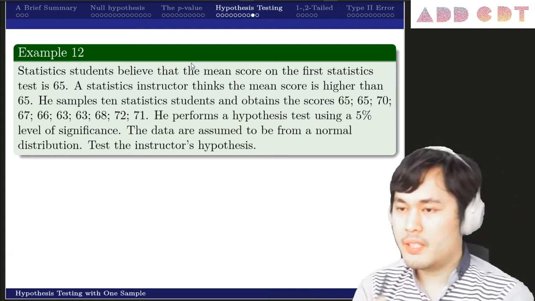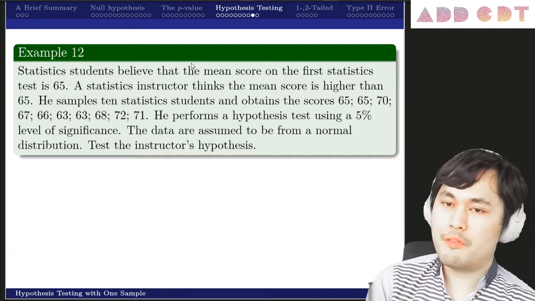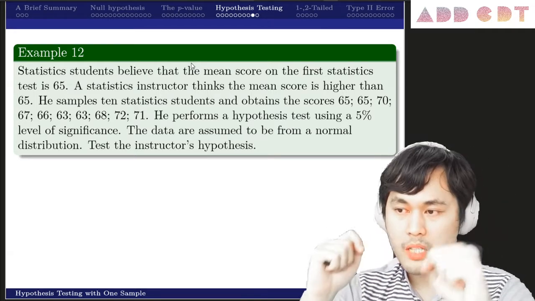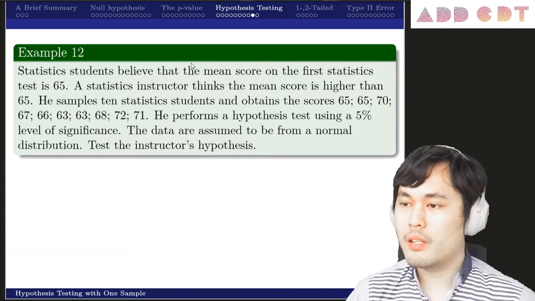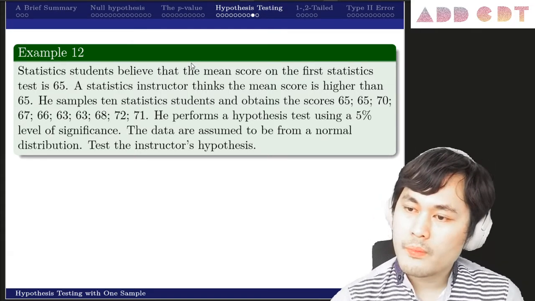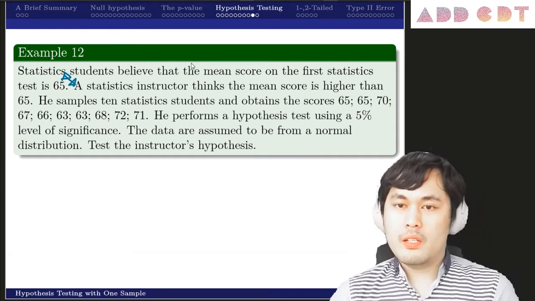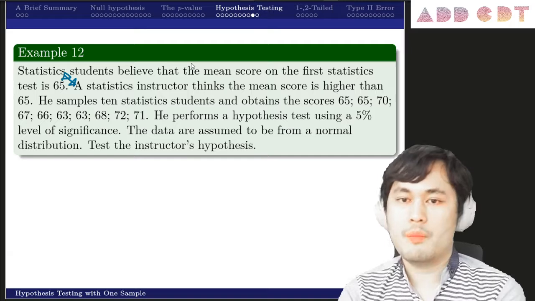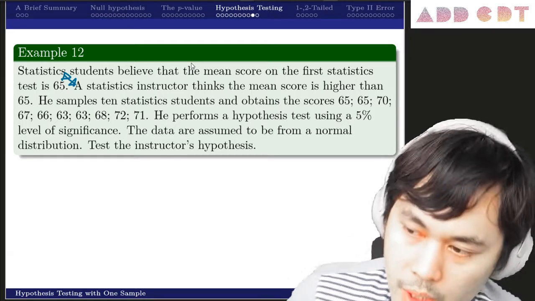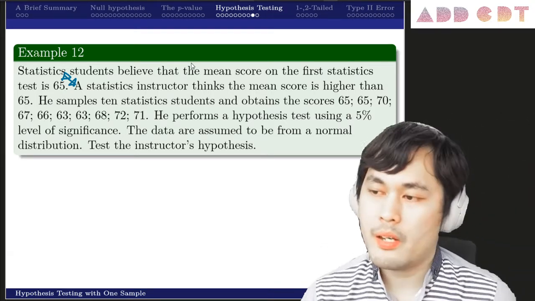But on the other hand, the instructor thinks that the mean score is higher than 65. So now we have 2 groups of people, and they believe different things. One of these is going to be true, and the other one is going to be false, and that corresponds exactly to the null hypothesis and the alternate hypothesis.